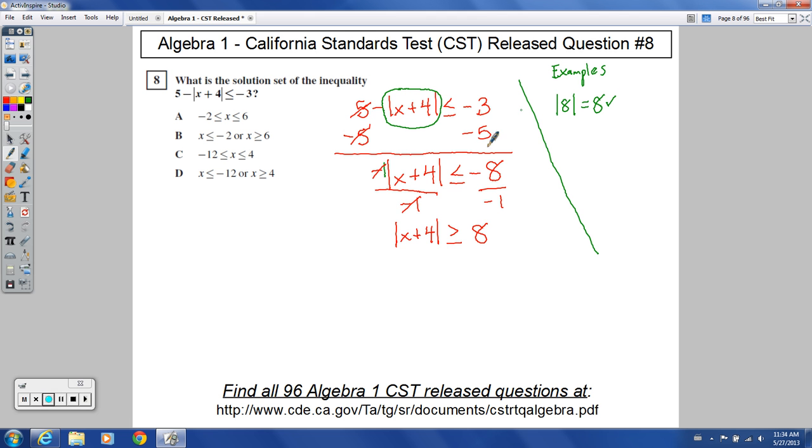That would be a valid solution, so this could be equal to 8 or greater than 8. If I had the absolute value of 9, that would be equal to 9, and 9 is greater than or equal to 8, so that would check. So basically I could have anything here that, when I put it all together, is 8 or higher.